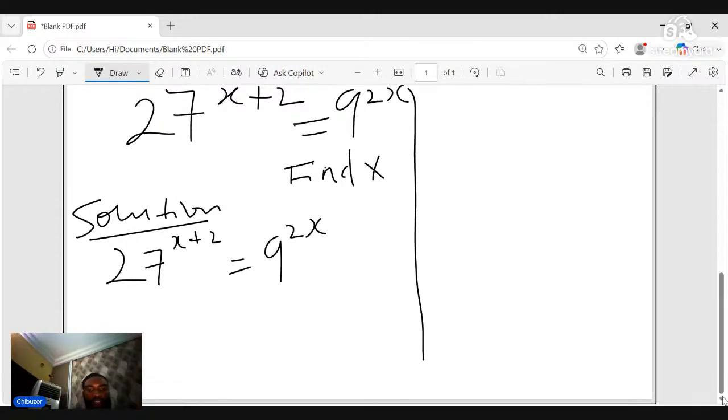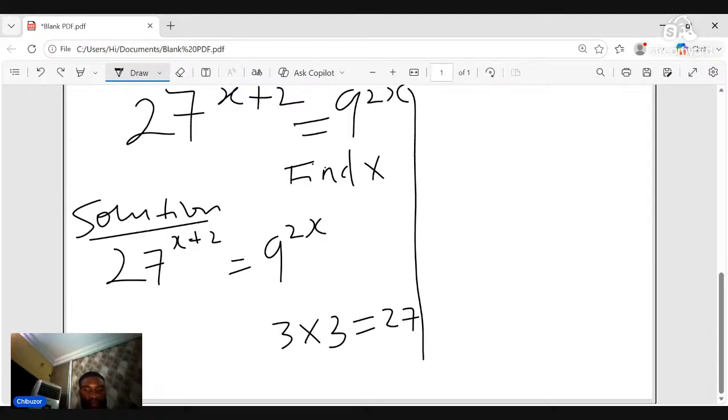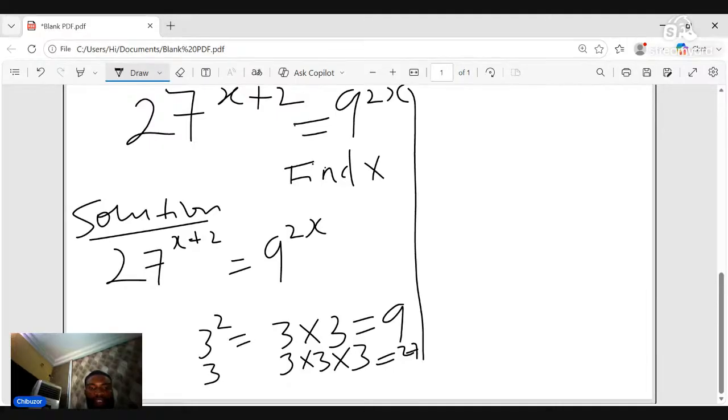Because 3 times 3 times 3 is equal to 27, that is 3 raised to power 3. And 3 times 3 is equal to 9, so that is 3 raised to power 2.